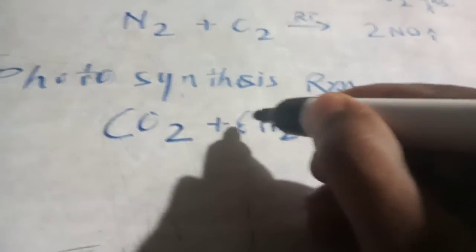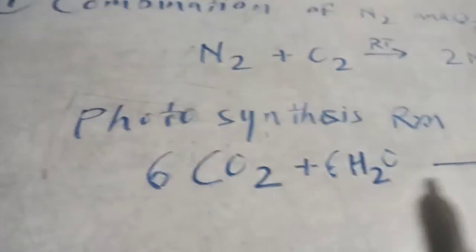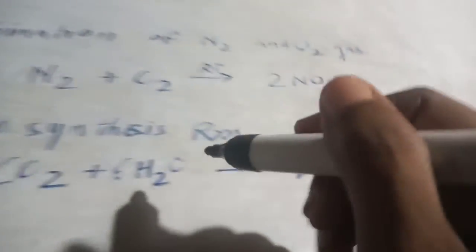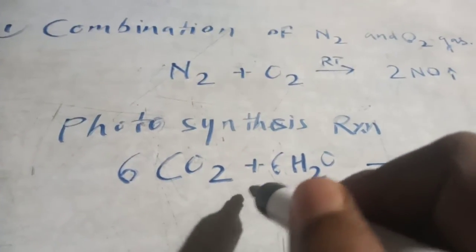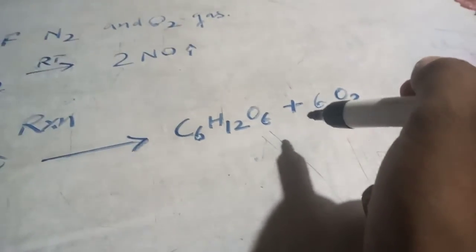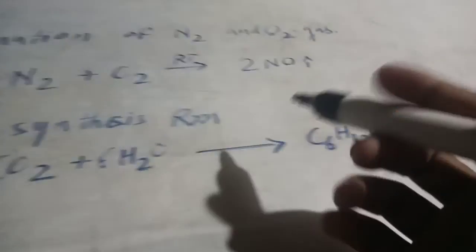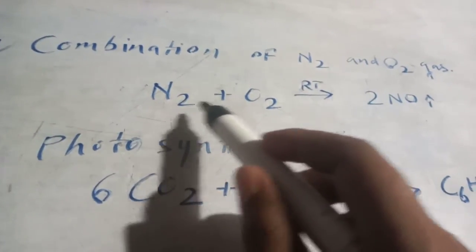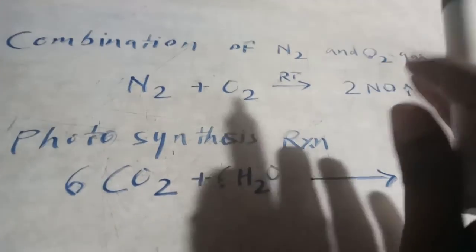You have to balance, so give here 6 and here 6, so that the photosynthesis reaction is balanced. You can calculate that the number of atoms on the reactant side as well as on the product side is the same. This reaction is balanced.